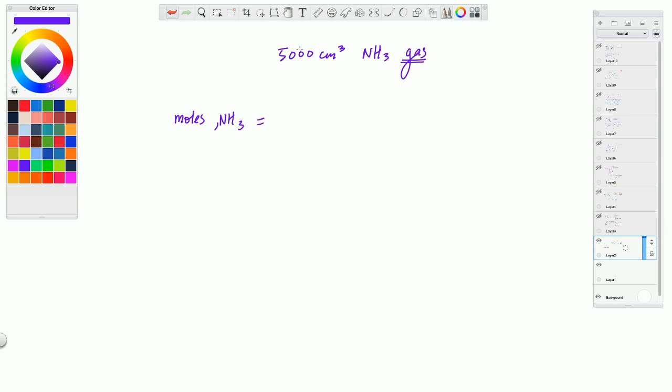So 5,000 centimeter cube is 5 decimeter cube. So you take 5 over 24. Okay, so this one is volume over molar volume.